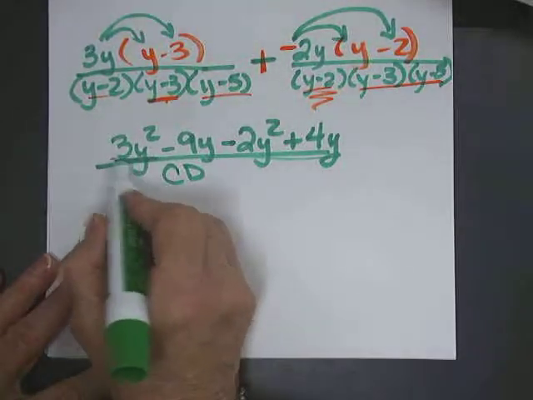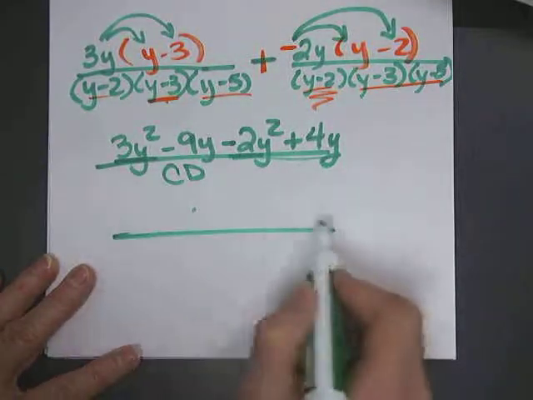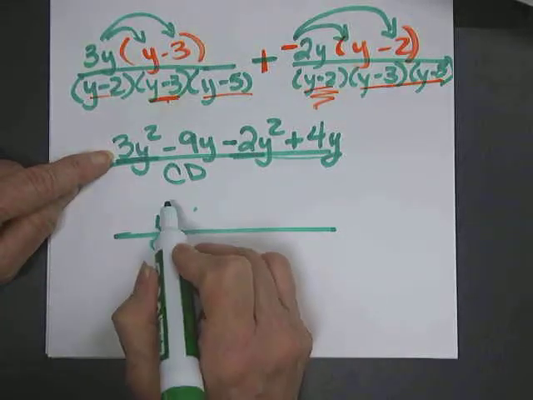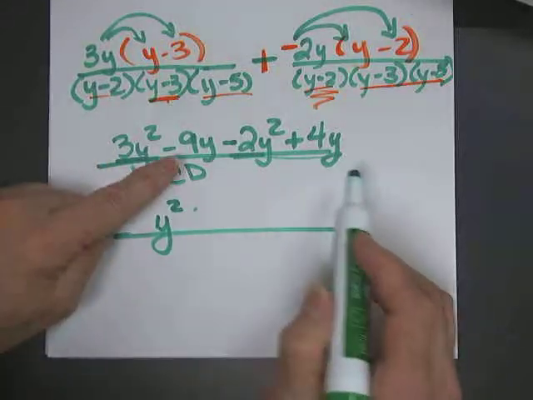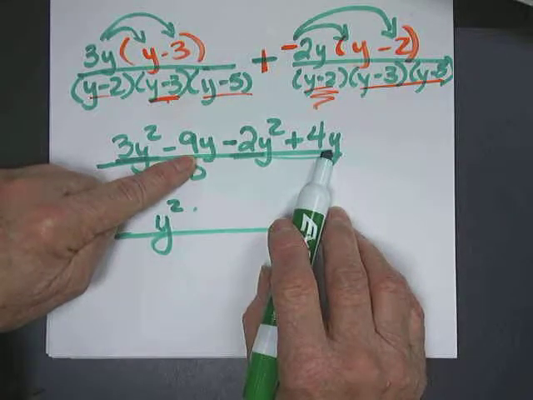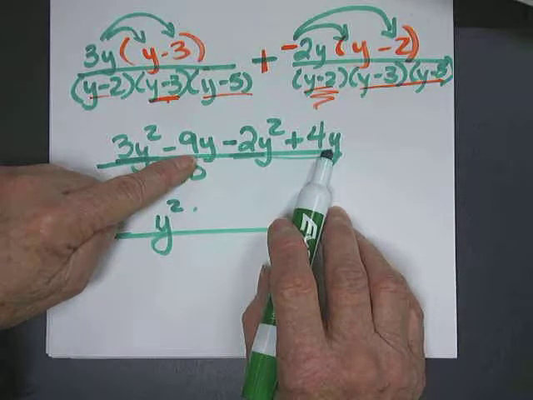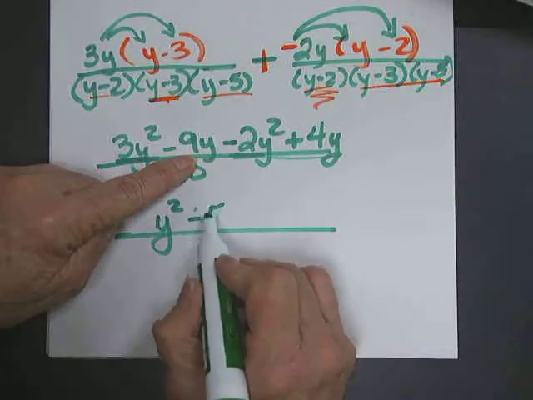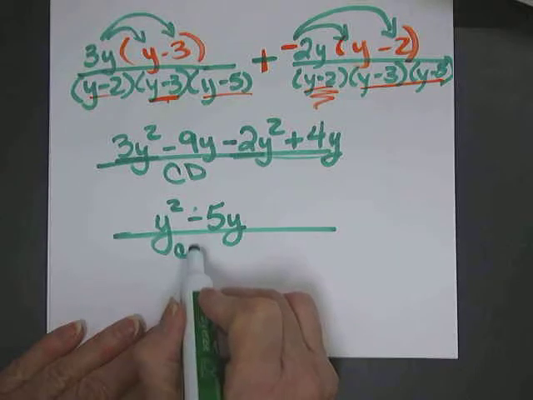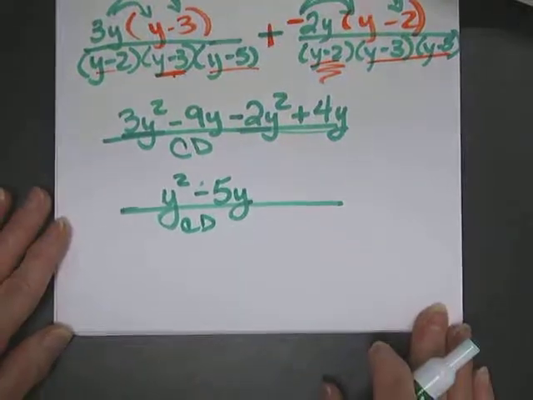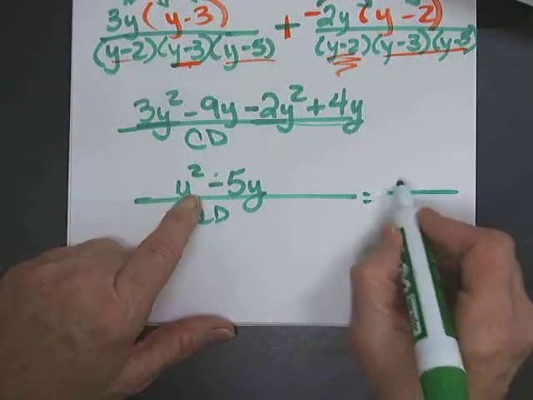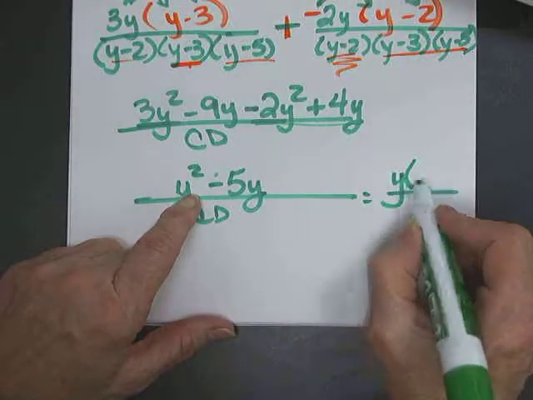Let's distribute: 3y times y is 3y squared. 3y times 3 is 9y. Plus the negative 2y times y is negative 2y squared. Negative 2y times negative 2 is plus 4y.